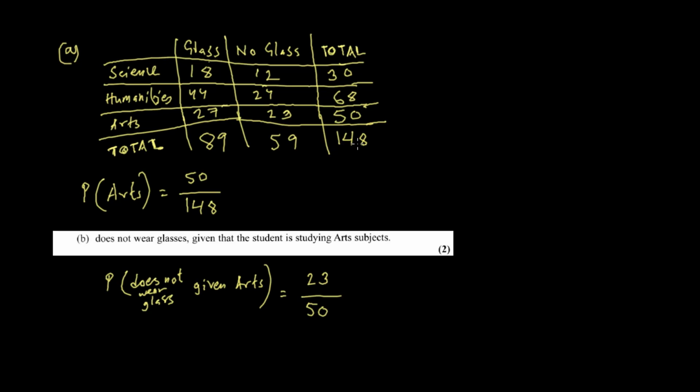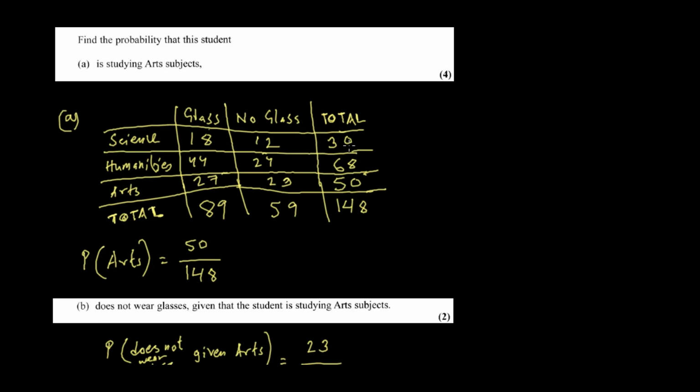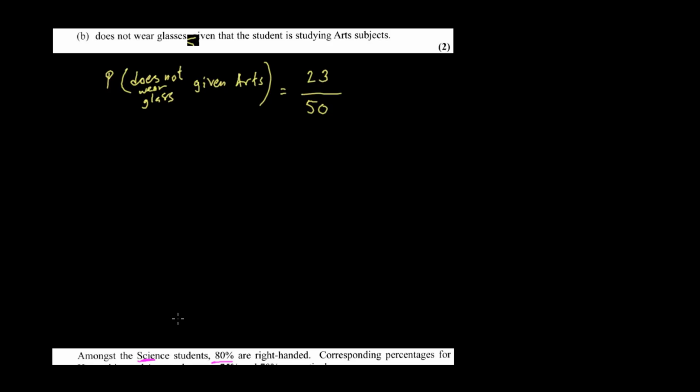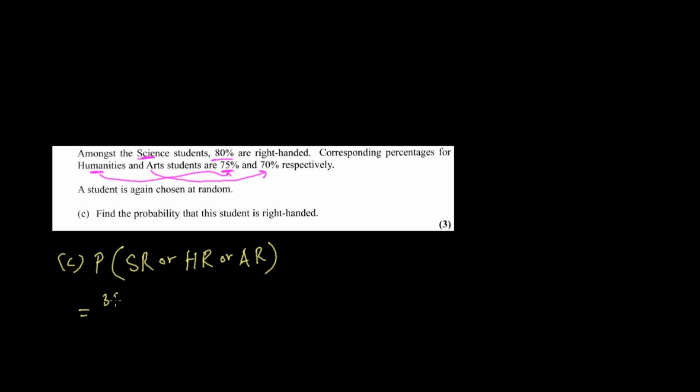Remember, probability means what you want divided by total, the sample space. So probability of being a science student is 30 out of 148. And right-handed means 80% are right-handed, so you multiply this with 80%, that means 0.8.